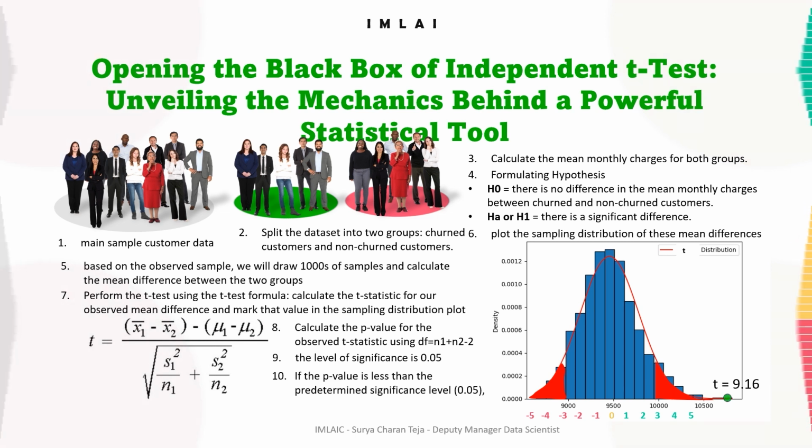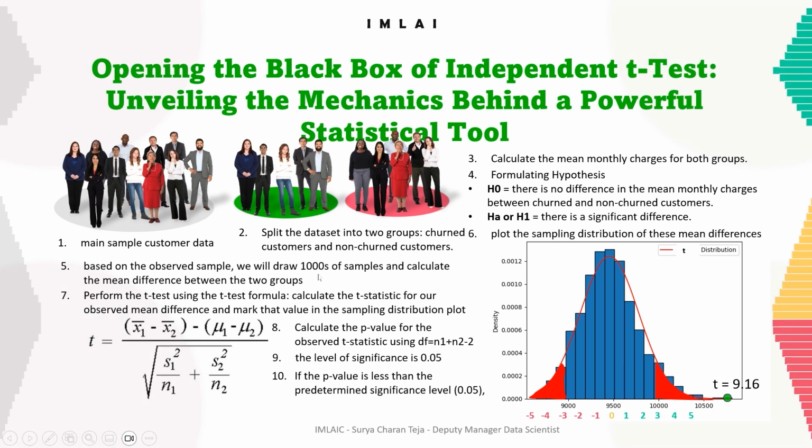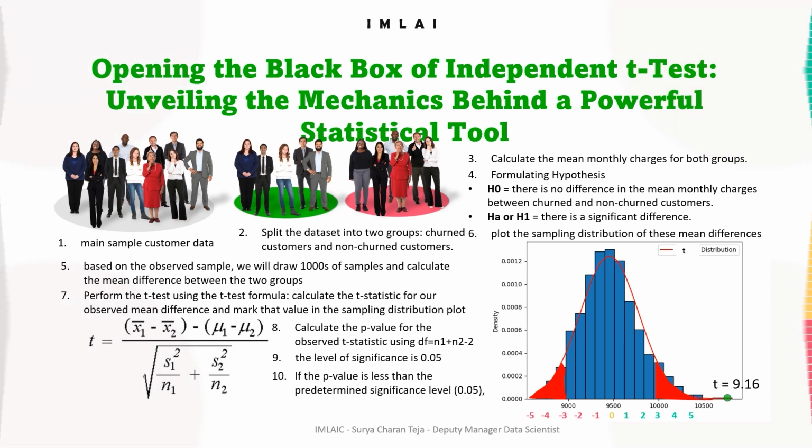But what you have to understand is that opening the black box here is nothing but plotting the sampling distribution using the mean differences. This is very, very important. Unless you understand this, you will never understand what is happening behind the doors with the independent test when you say p value or t value.